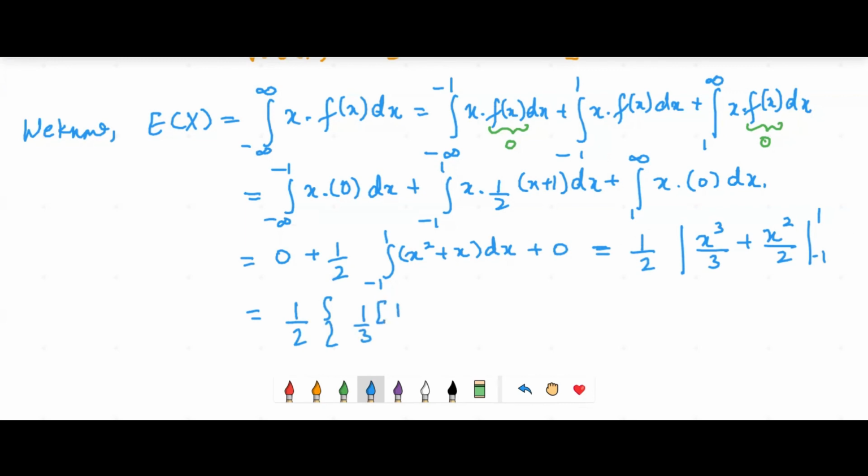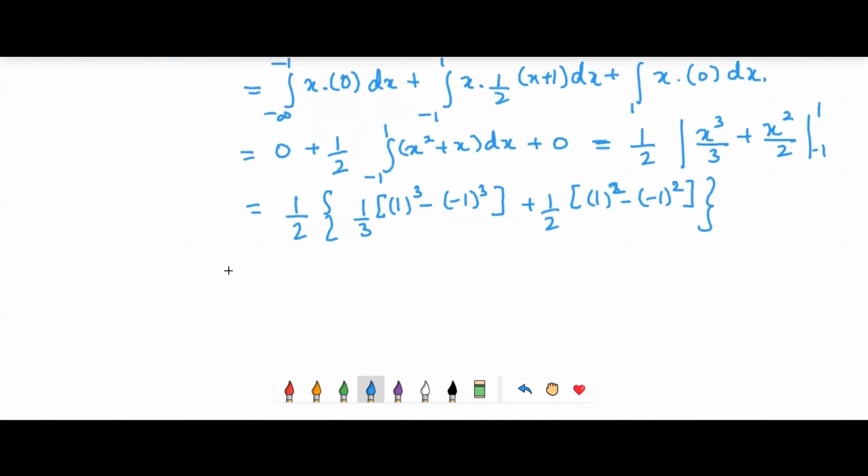So I'll be taking this as 1 cube, -1 cube. Then for x square again, as we know, the whole square and the cubes of 1 and -1. So let us quickly just put all the values.